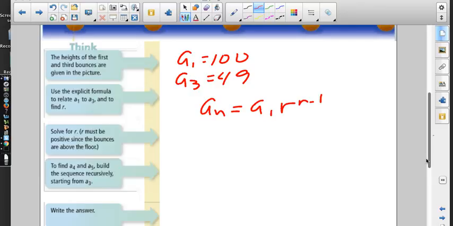I'm going to write the formula down again so I don't lose anybody. What's going to go on the left? 49. Equals what? 100 times r, and then what do we use for a power? Divide by 100.